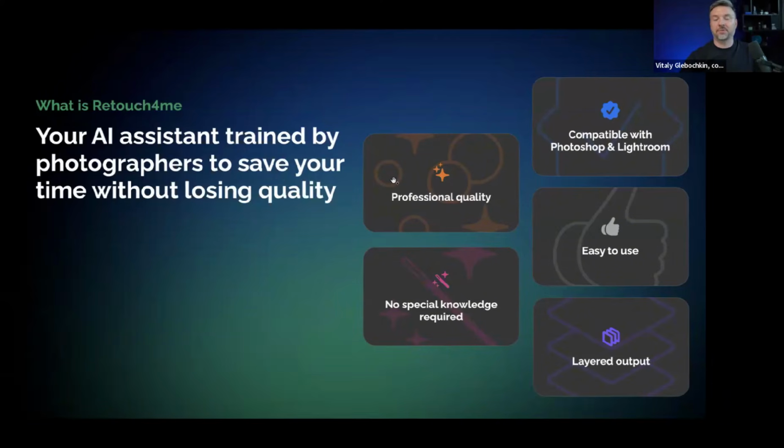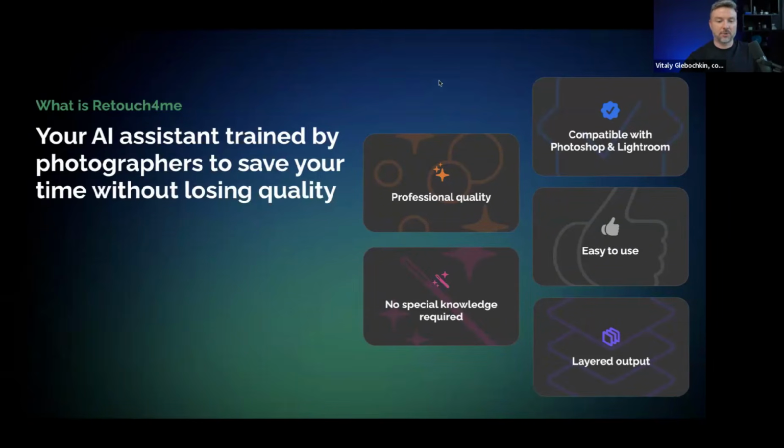So you will get professional quality. And all our plugins are pretty simple, so you don't need any special knowledge. Even if you don't know how to retouch images, you can use our plugins and get professional results.